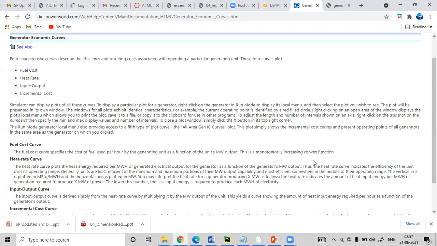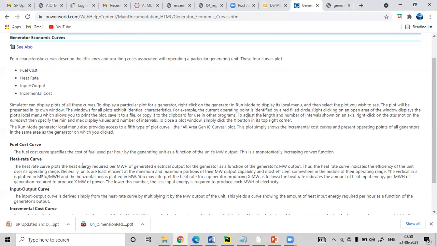I will show this curve using the PPT. First, you have to understand what the curve is, what the basic definition of the curve is. Second one is the heat rate curve. The heat rate curve plots the heat energy required per megawatt hour of the generated electrical output, right?